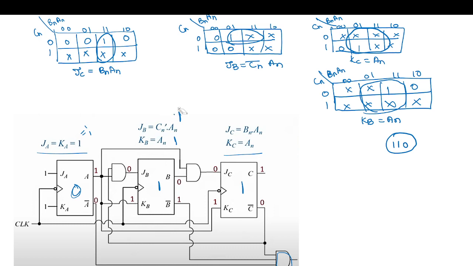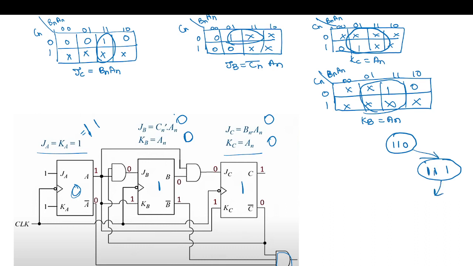And now we should write. This is 1, 1 always. This is C bar 1, 0, 0. So 0. An is also 0. So these two states will be retained. This will toggle and these two will be retained.